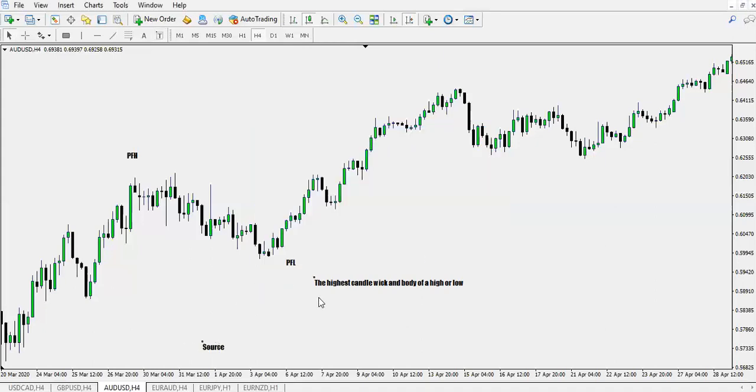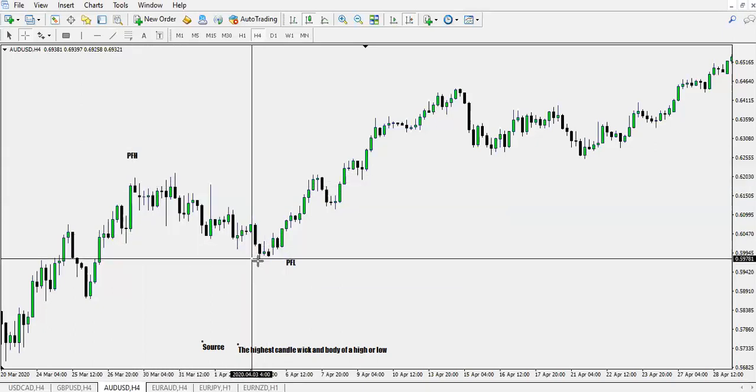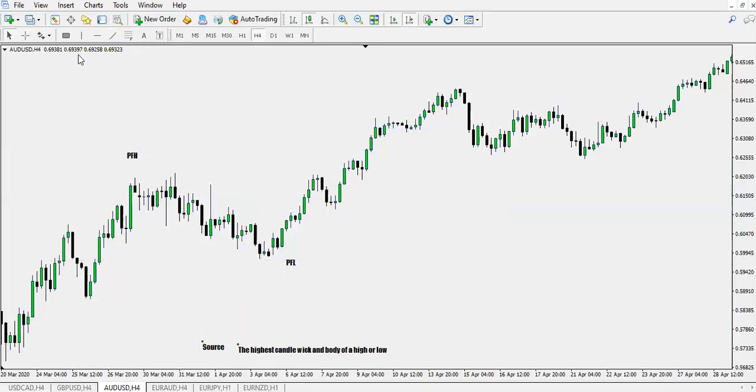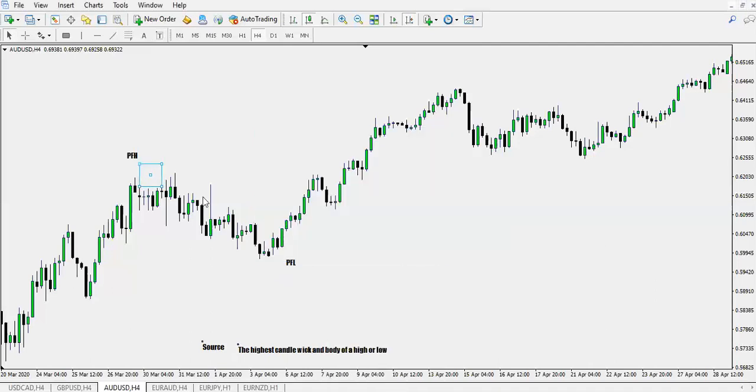Okay, so let's find ourselves in this range over here. So from the top of this area to the bottom of this area, let's find ourselves a source. So I generally use the light blue color to identify the source on the chart.